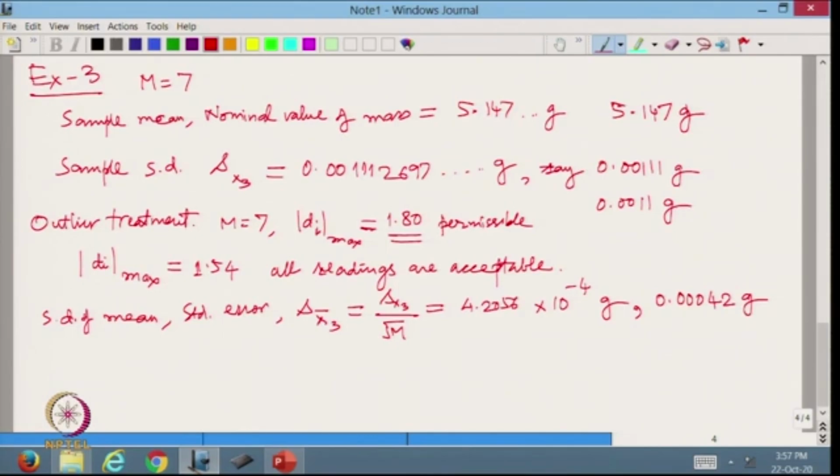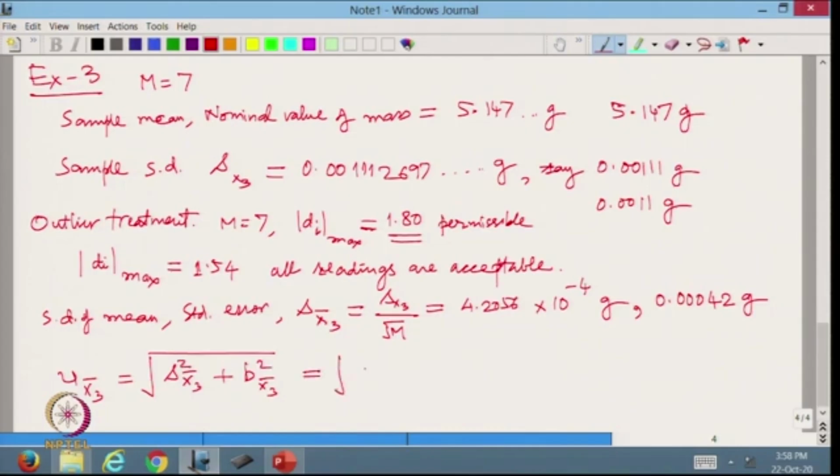So, then we come to the expanded uncertainty. Now that we got this, we have already got b x3 bar which has been given to us. So, we can calculate u x3 bar, which is square root of s x3 bar squared plus b x3 bar squared.